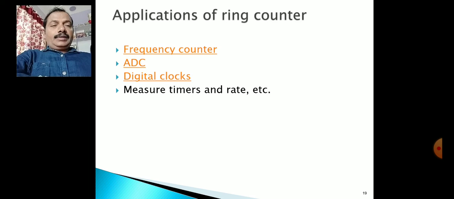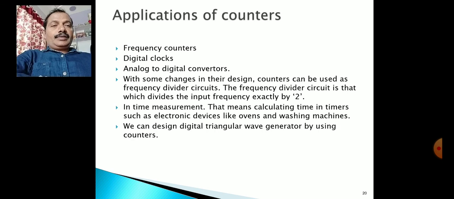Applications of ring counter: it is used as a frequency counter, ADC, digital clocks, measuring timers and rate, etc. Applications of counters are frequency counters, digital clocks, analog to digital converters. With some changes in their design, counters can be used as frequency divider circuits.